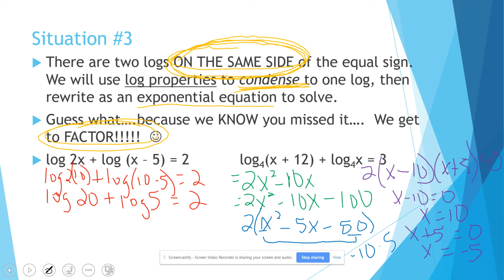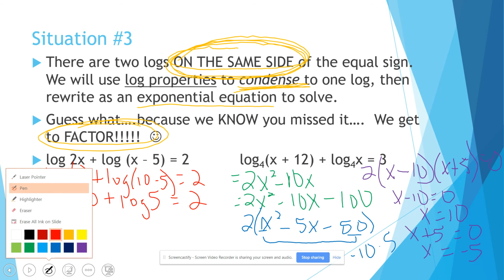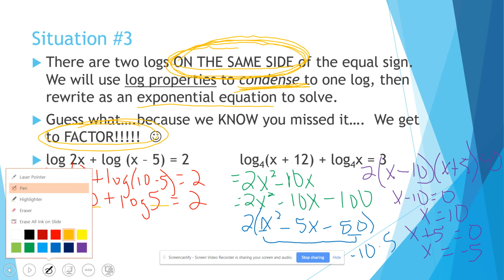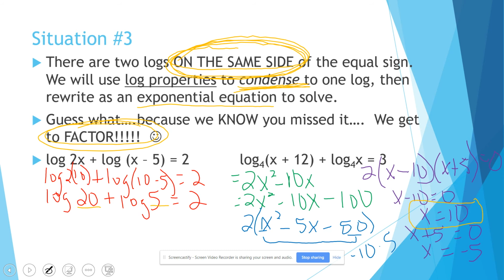We can plug those into our calculator and see if log 20 plus log 5 indeed is equal to 2. And we've also checked that 20 and 5 are positive numbers. So it looks like 10 is going to work out.